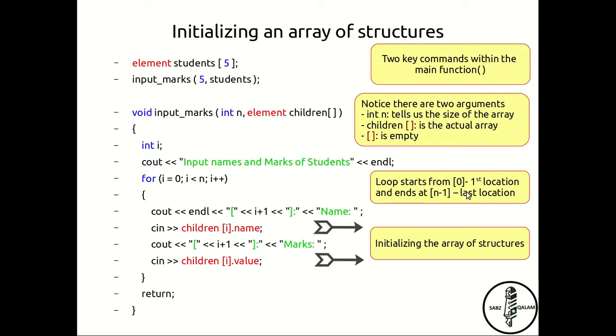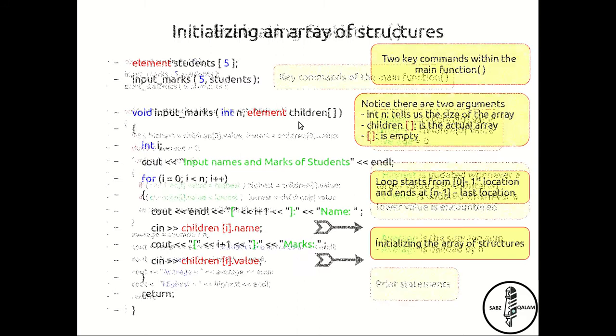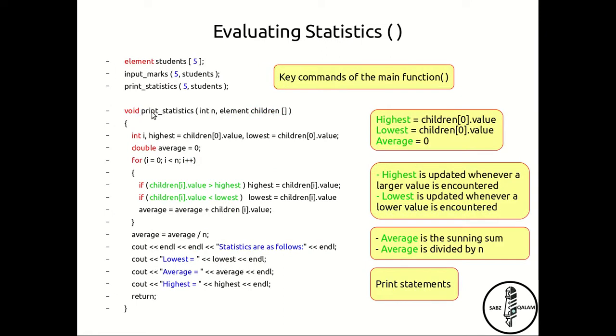Remember, arrays start from 0 up until n-1. For every element, children i, we're assigning it a name and a value, marks, because I've written here input names and marks of students. By the end of this loop, all the elements of this children array are initialized.